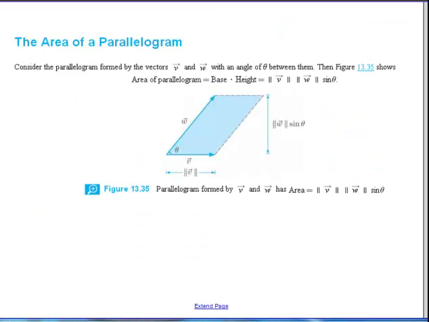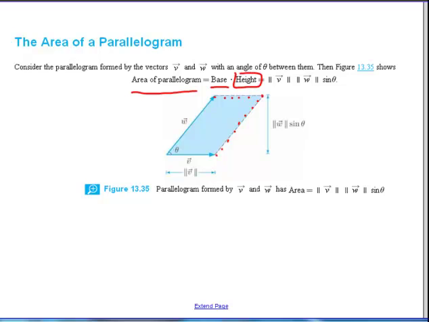Alright, so here's an example of using the cross product. Let's say we've got two vectors, w and v, and you can imagine that if we continued w out, or constructed this parallelogram, and we wanted to find the area of this parallelogram, well, the area of a parallelogram is base times the height.